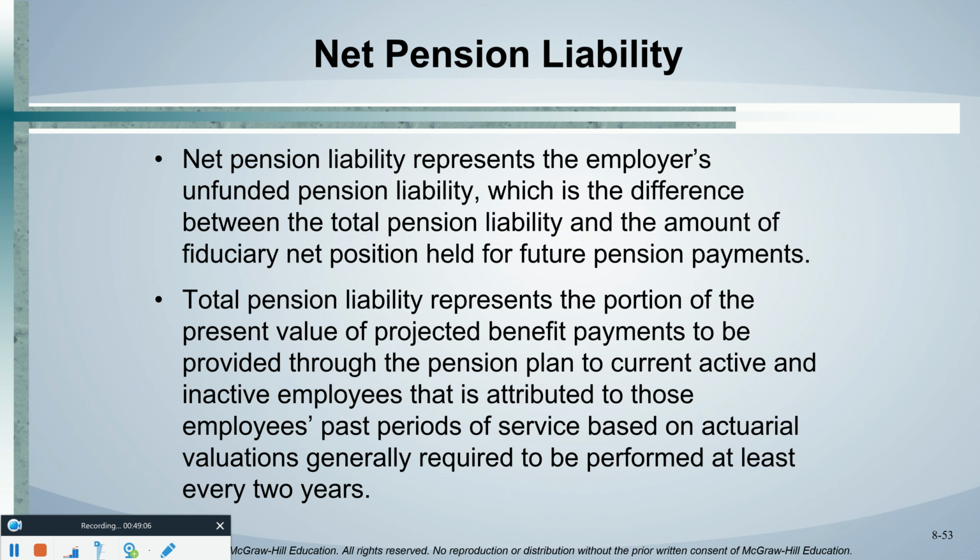That is a net pension liability. It could be a net pension asset as well if the equity of the fund is actually greater than the total pension liability. Okay. In this case, the net pension liability represents the employer's unfunded pension liability. All right. So that is something I want you to know as well.